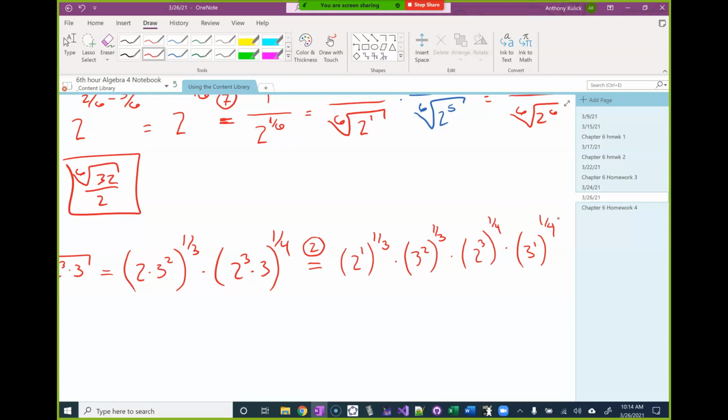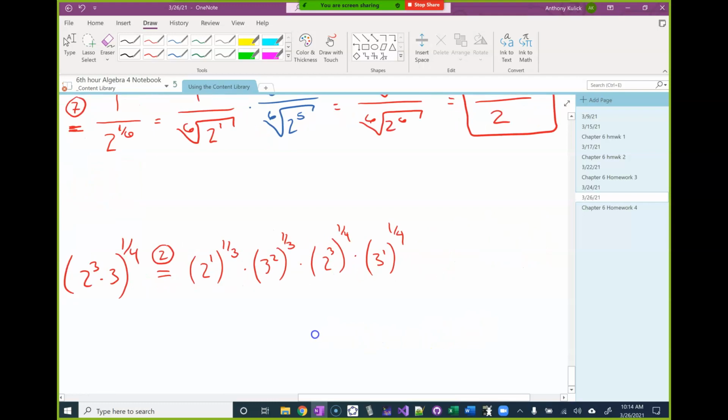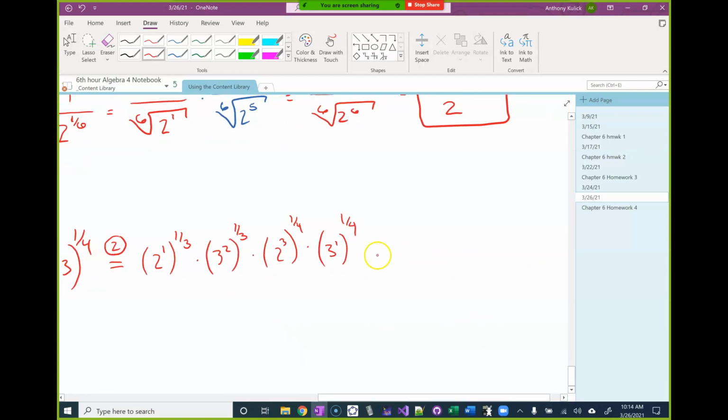Everybody okay with that? Now we have these exponents of an exponent, so I need to use property 3. So there we're going to multiply the exponents.